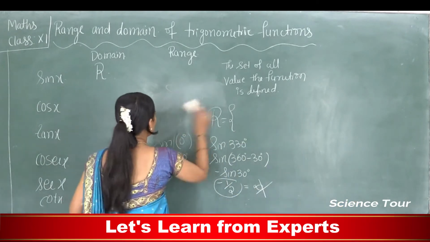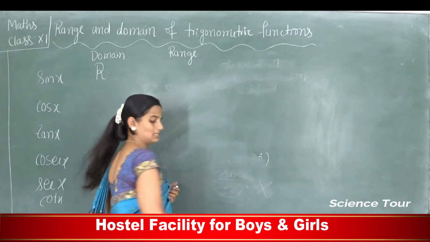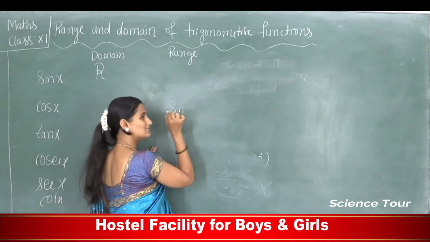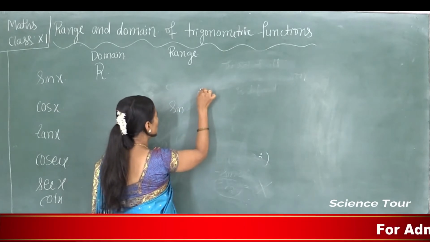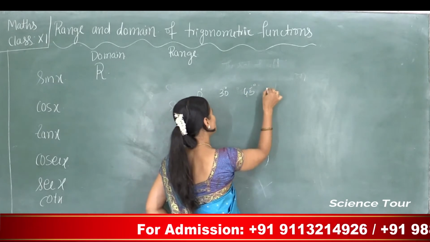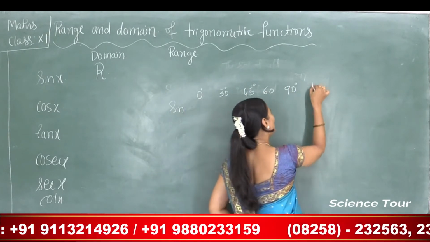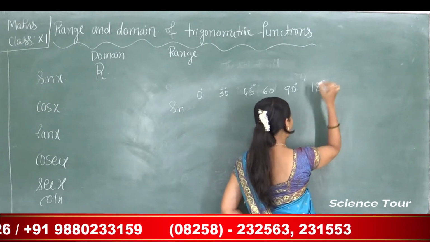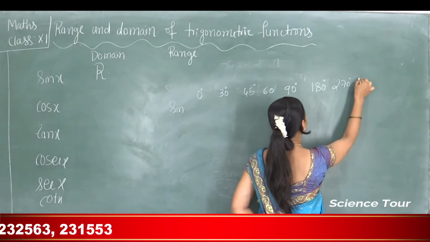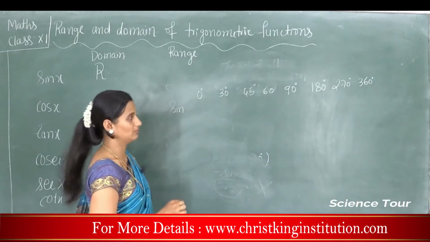So first I will write the table of values of this sine function. I will write only the table. Sine table: 0 degrees, 30 degrees, 45 degrees, 60 degrees, 90 degrees, and some more standard angles: 180, 270 and 360 degrees.